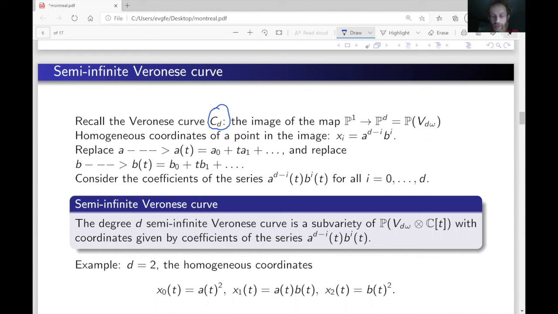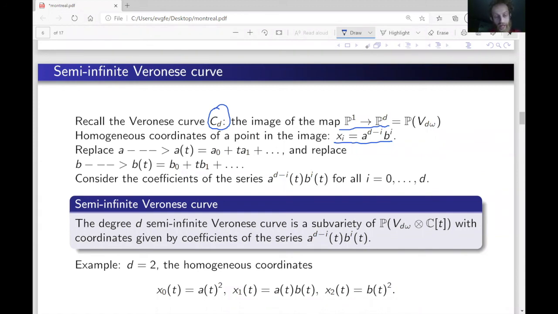So what do I mean? We have the embedding of P1 to PD, given by the homogeneous coordinates here. So these are coordinates of the points in the image. And now let's do a very similar procedure compared to what we did on the slide before.